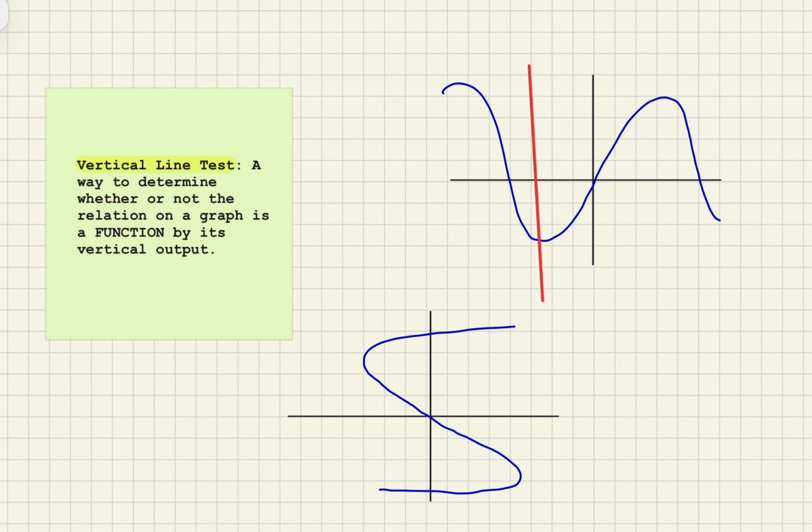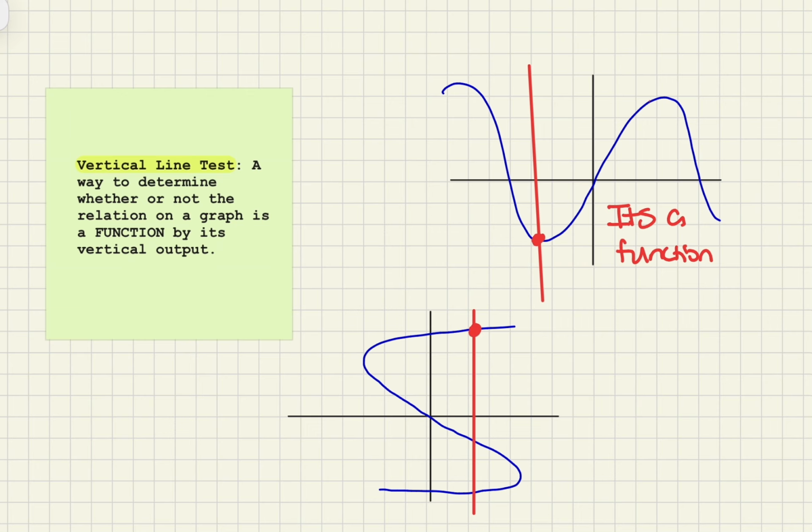And if your vertical line hits only one point on your graph, then it is a function. But if your vertical line hits more than one point on your graph, then it's not a function.